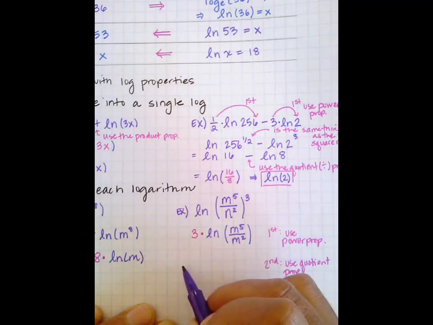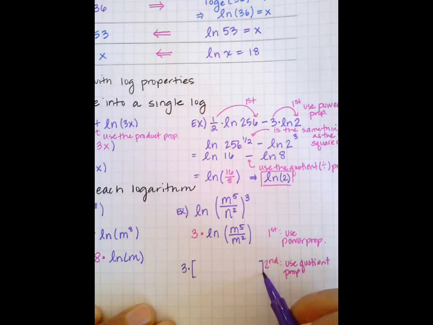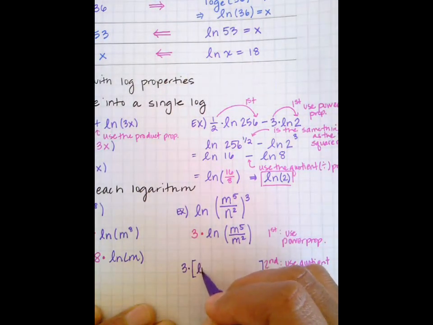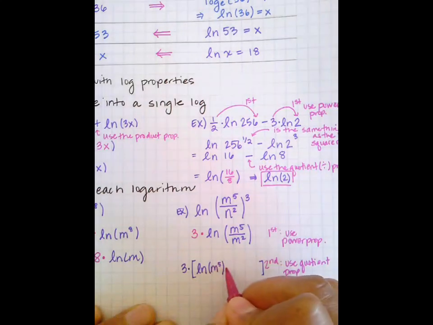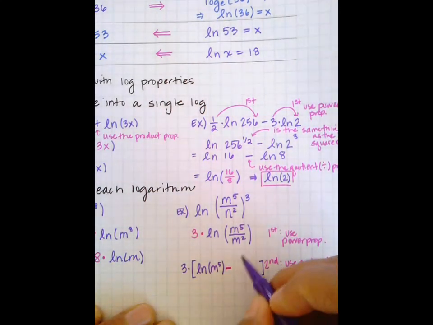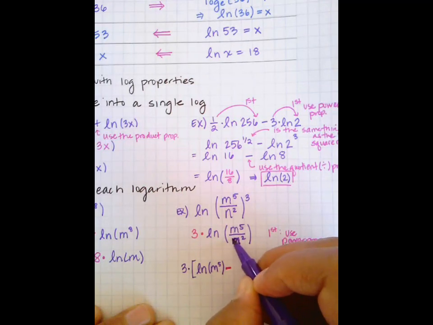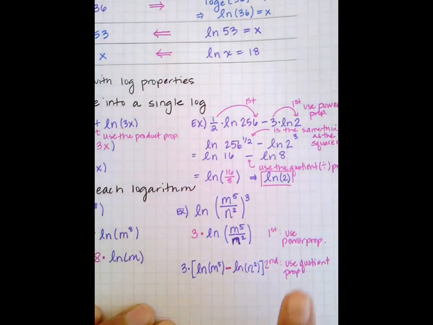So this is really the same thing as 3 times, and now breaking this up, I'm going to use these brackets, the ln of m to the 5th, and then the quotient property means subtraction in between the logs of the same base, and then this would become, whoops, that should have been n squared, not m, ln of n squared. Notice that because I saw division, I used subtraction in between them.